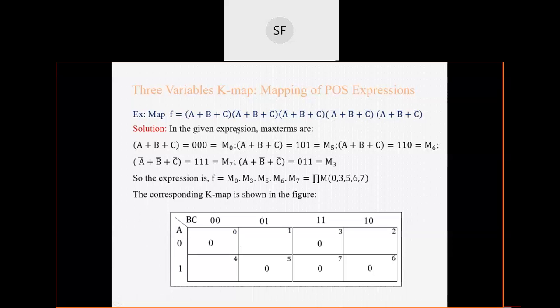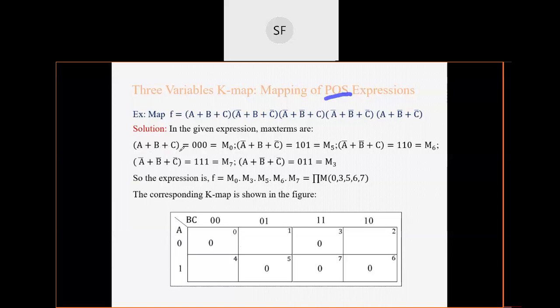So now for proceeding, the next step is you have to find out which max terms are present here. So in order to find out which max terms are present here, you have to assign the values to these variables. And for this assignment, just now I have told you that since it is POS form, you have to remember that uncomplemented variable will be taken as 0 and complemented variable will be taken as 1.